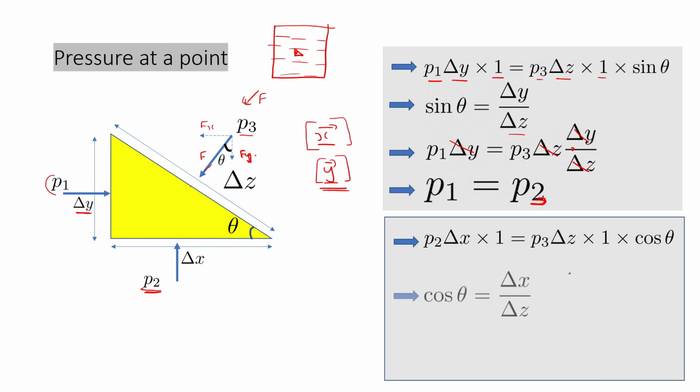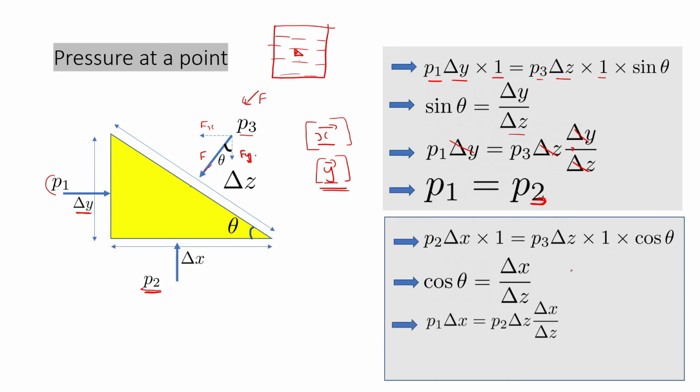And you know cos theta is equal to delta x by delta z. That is basic trigonometry. If you substitute cos theta here, this is P2 and this is P3.